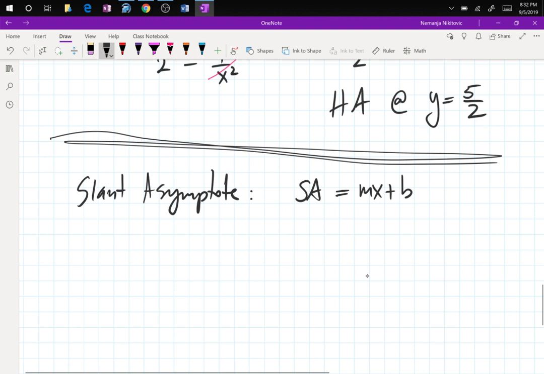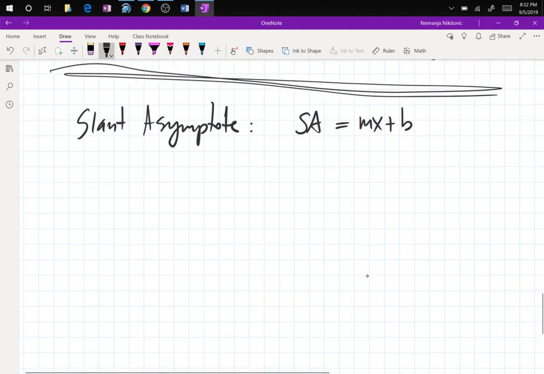So all we need is the long division of polynomials to calculate slant asymptote. So what is the way you get this? I understand this is a calculus class, but sometimes intermediate algebra is important.